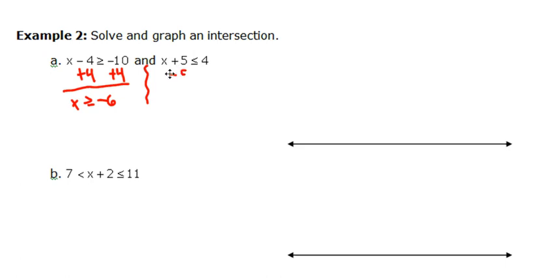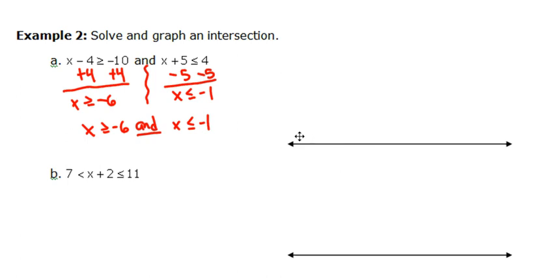This one I would subtract 5, and I get x is less than or equal to negative 1. So my solution, because both of these are solved for x, is x is greater than or equal to negative 6, and x is less than or equal to negative 1.